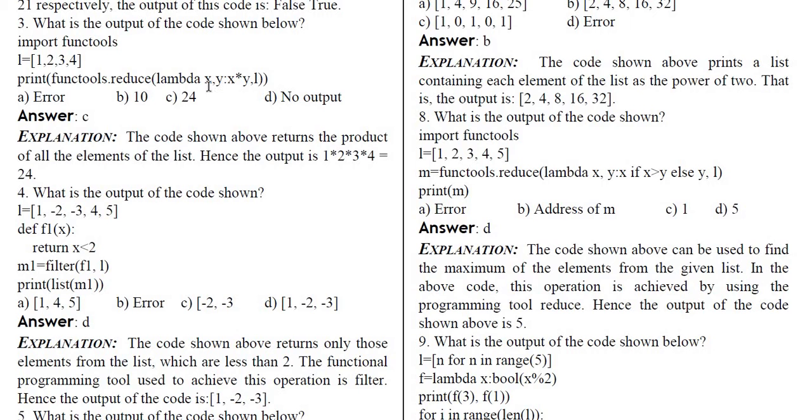Fine. That means what are x and y here? It means x into y: 1 into 2 into 3 into 4. The resultant will come, what result will come? It will be 24. So output will be 24.